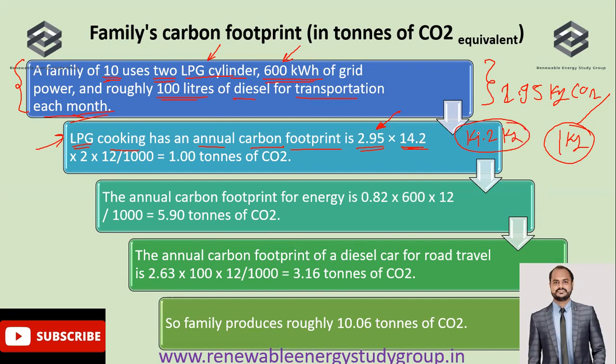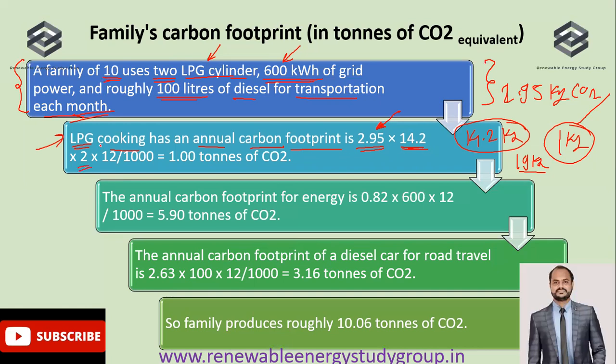You can consider the commercial cylinder also, which has 19 kg of gas filled in it. So based upon how many kg of gas has been filled in one cylinder, which we can read from that particular LPG cylinder, we can consider that here. But generally for residential purposes, we'll consider 14.2 kg of gas filled in one LPG cylinder.